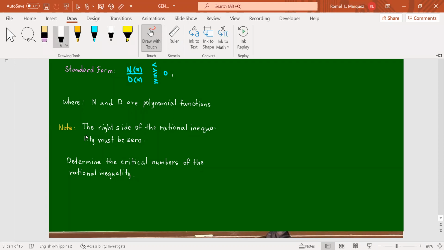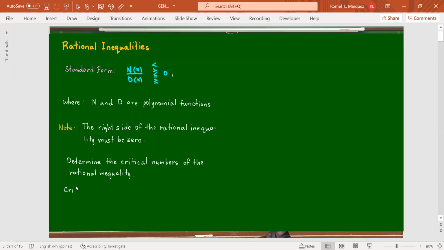So the critical numbers of a rational inequality are the zeros of both the numerator and denominator.